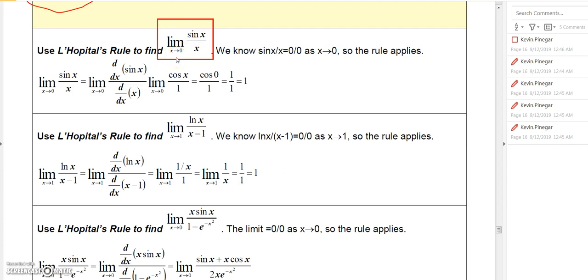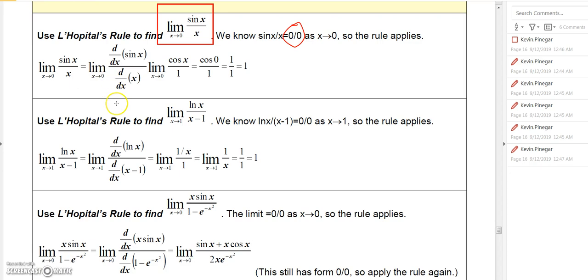First of all, before we can use L'Hopital's rule, we have to make sure the rule applies. So let's see if I evaluate this directly, whether it gives me 0 over 0. If I plug 0 in for x, I get sine of 0, which is 0. And if I plug 0 in for x in the denominator, I get 0. So I definitely get the form 0 over 0, so L'Hopital's rule does apply.